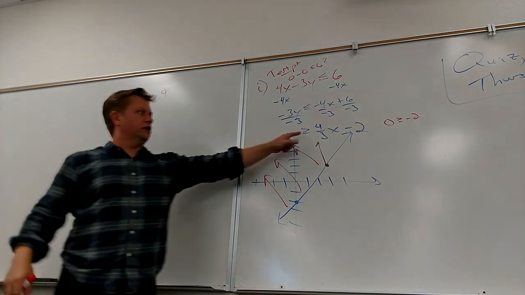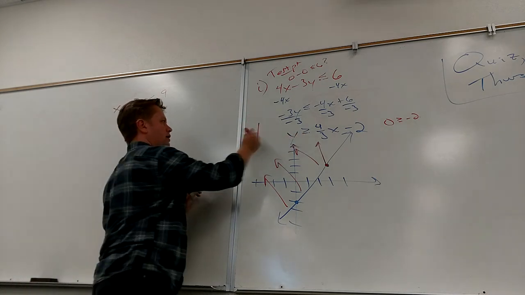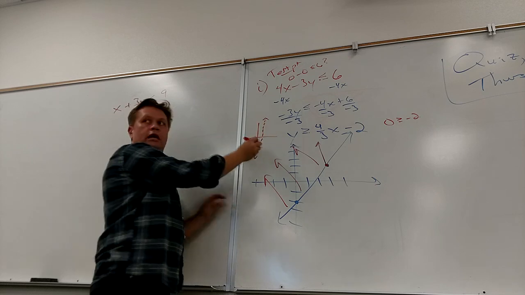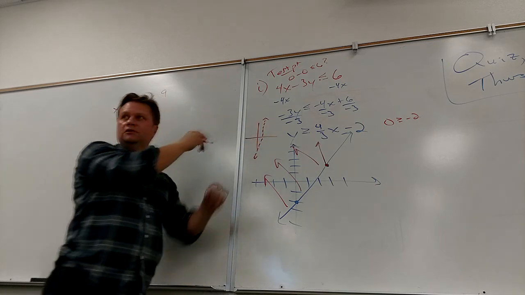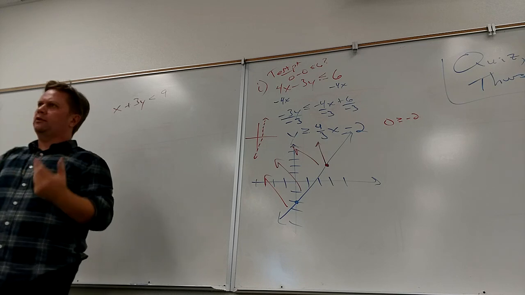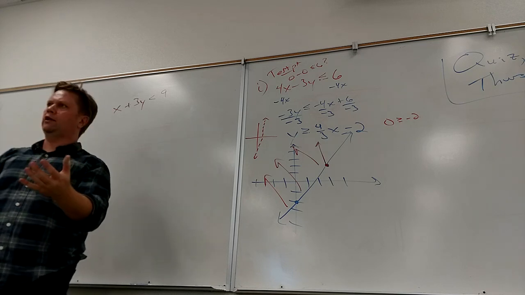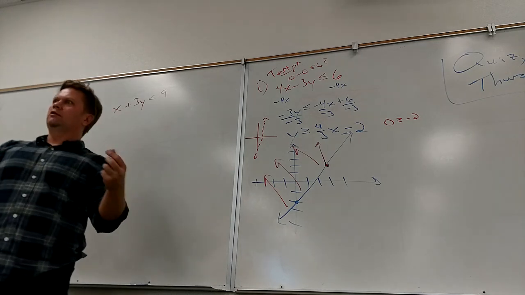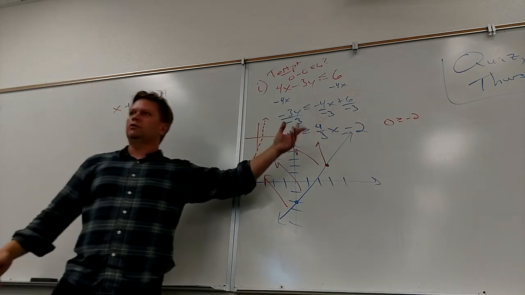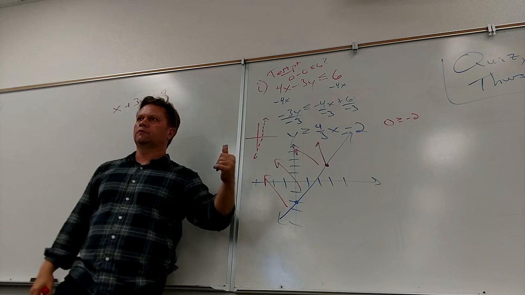Yeah, if you're really comfortable with it. If you had a line that was like this, do you see how up would be this way? Just barely, right? As long as you're cool with determining exactly what's up and down, it's sort of like being under an avalanche, and you're like, which way's up, which way's down? You spit, and you see which way it goes. If you're cool with that, then that's the quick way to do it. You don't have to use a test point.